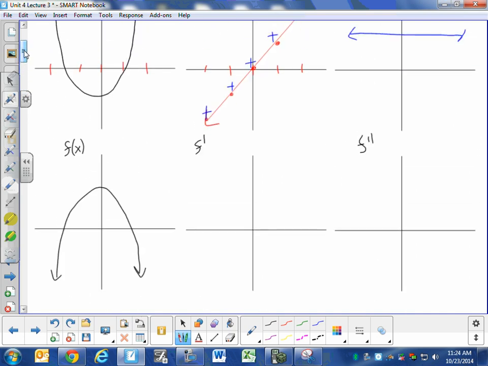You could probably assume what's going to happen when f is concave down, but let's go ahead and sketch just to make sure. This is concave down. Go ahead and sketch f prime and sketch f double prime.